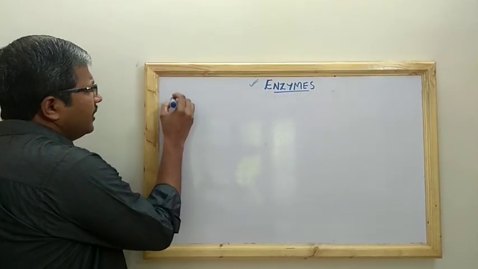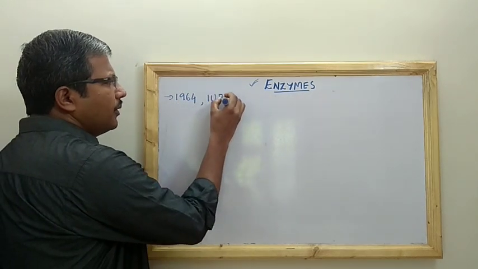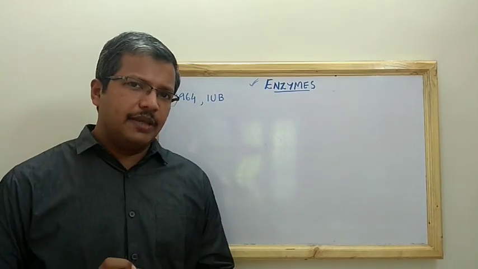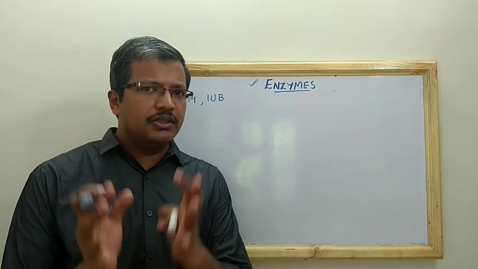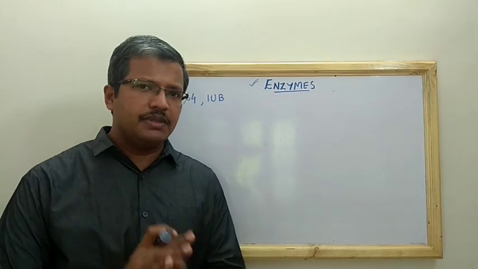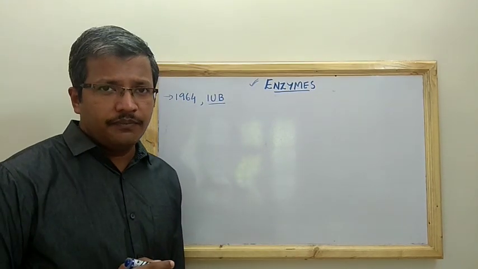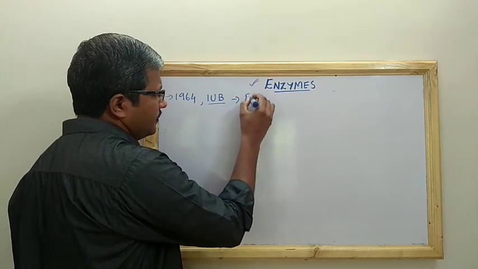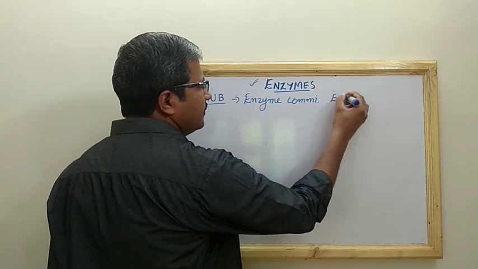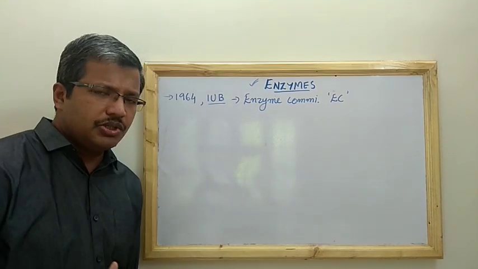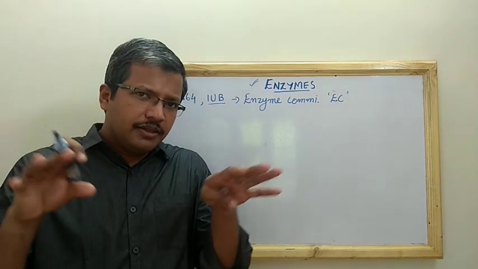Okay, so in 1964, the International Union of Biochemistry decided to classify the enzymes so that it is easy for the global community to identify the function and the mechanism of action of a particular enzyme. So the IUB appointed an enzyme commission, EC, to study enzymes and classify them into different groups based on their function and their mode of action.